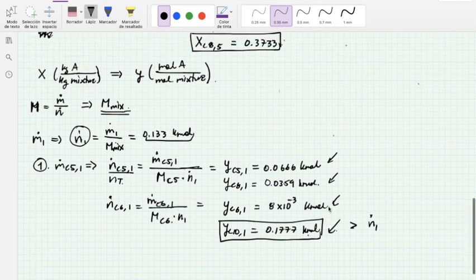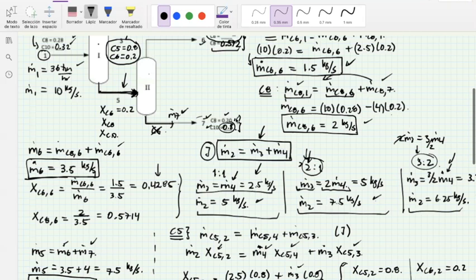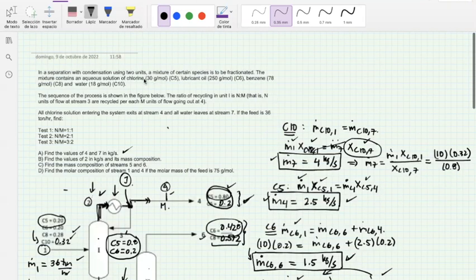The thing that they did here is, well, you have this molar mass for this solution, this molar mass for this oil, this molar mass for the benzene, and this molar mass for the water, which are our substances C5, C6, C8, and C10. And also the mixture.